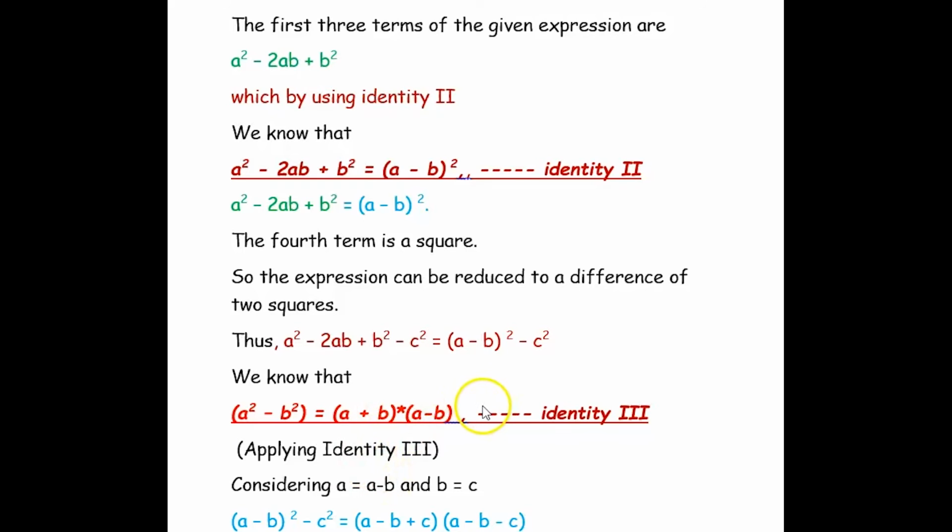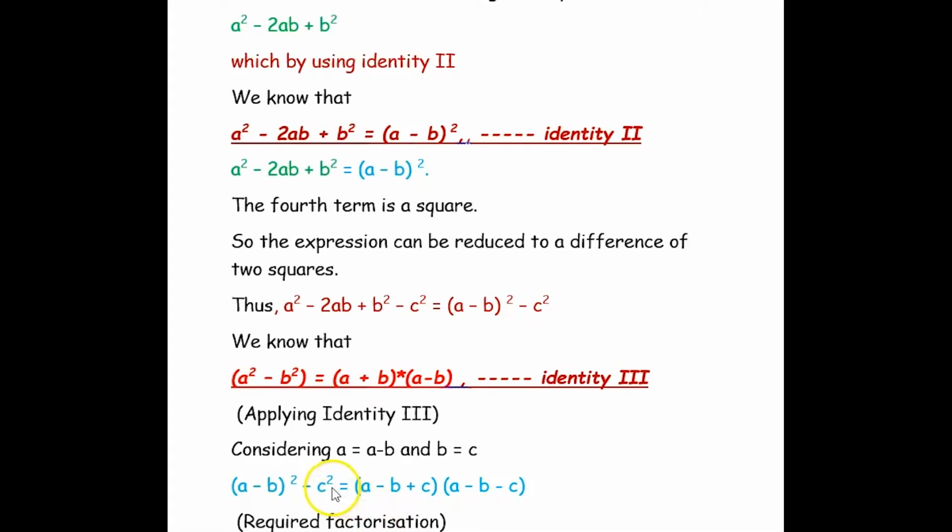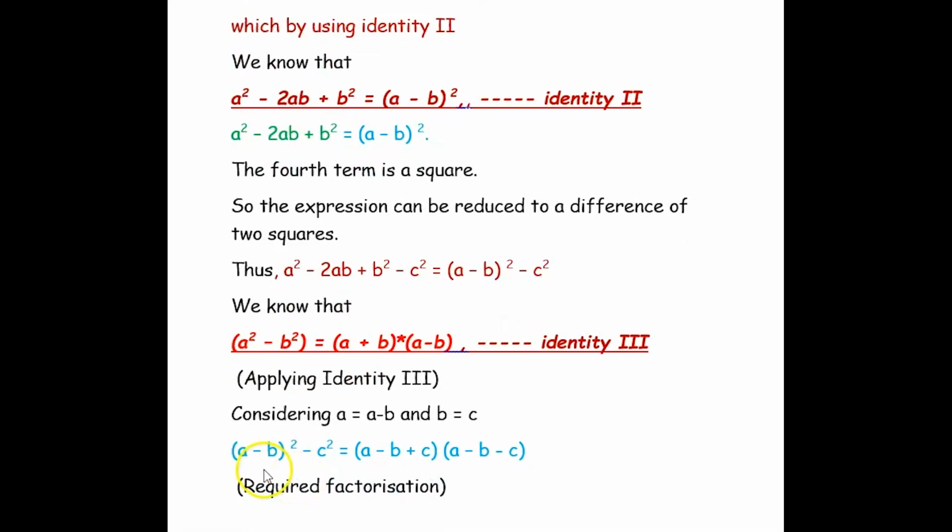We take a as a minus b and b as c, and comparing with identity 3, we can write a minus b whole squared minus c squared as a minus b plus c into a minus b minus c.